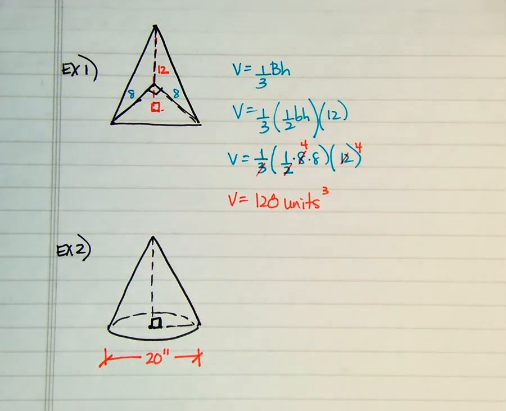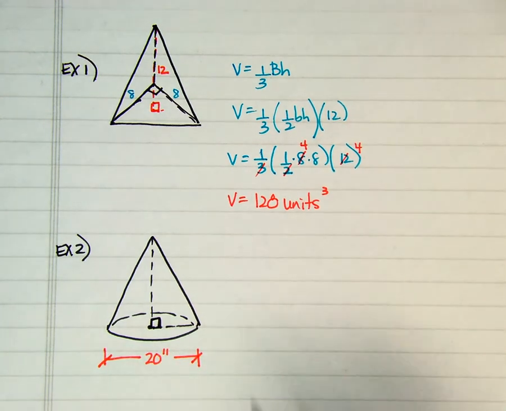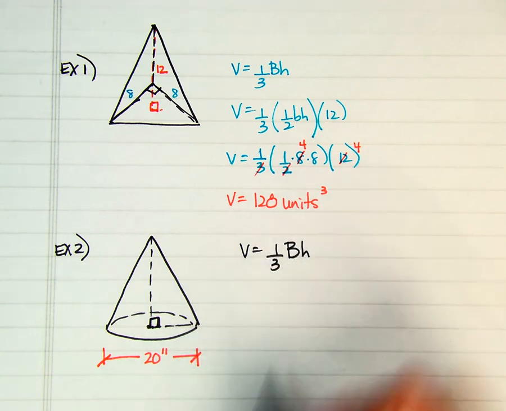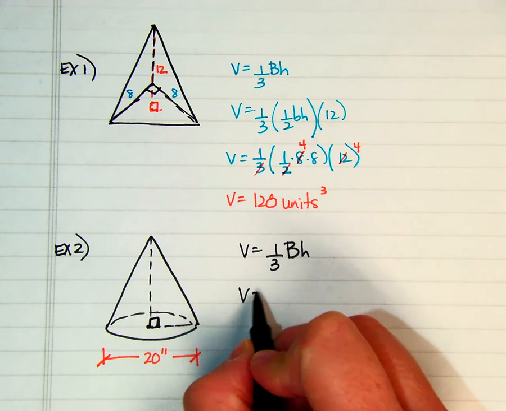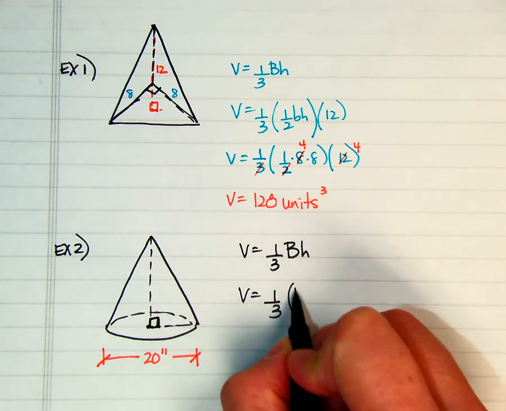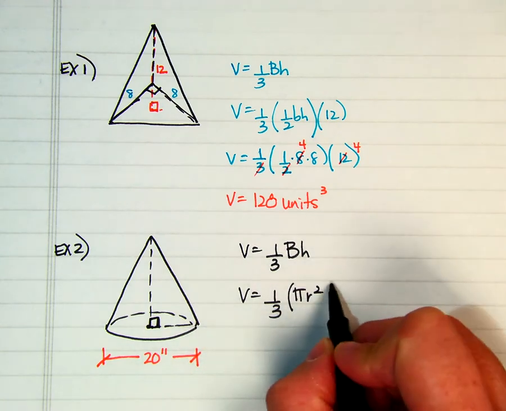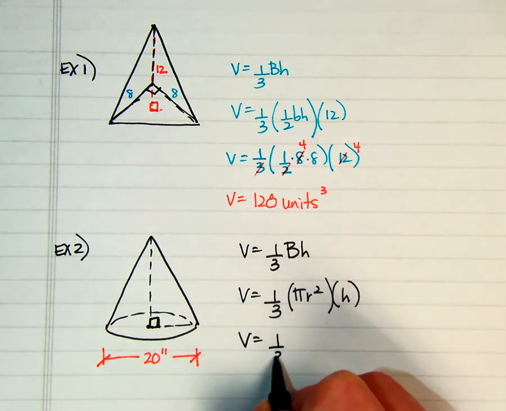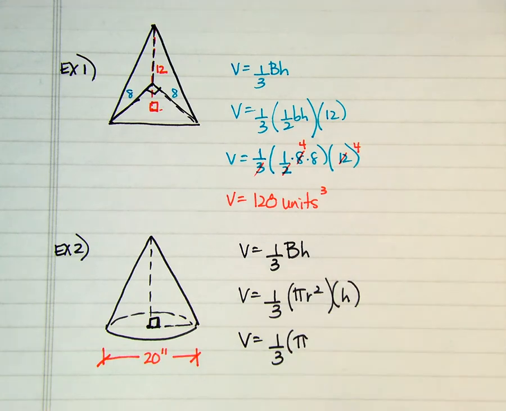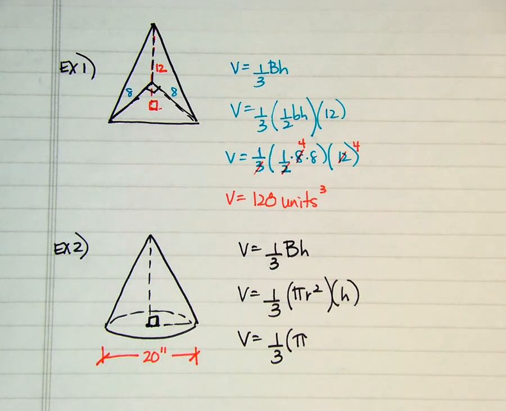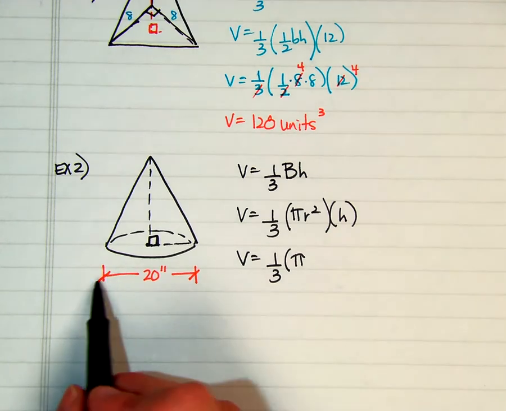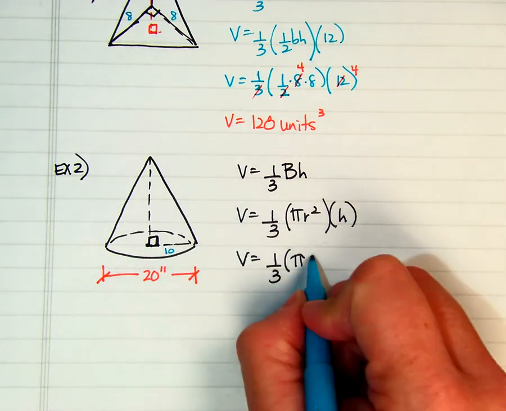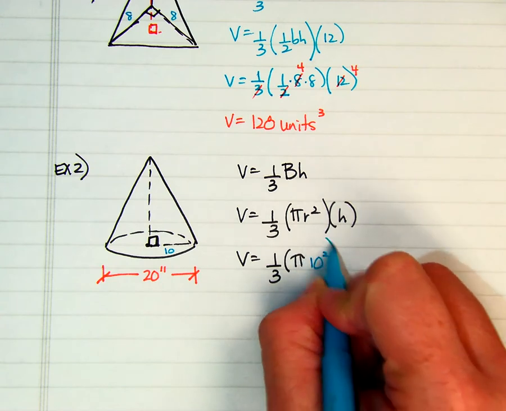Okay, so the diameter is 20. Volume equals 1/3 area of the base times the height. And the base shape in this case is a circle, so it's pi r squared h. So 1/3, pi doesn't change. Radius is what? The diameter is 20, then the radius is going to be 10. We're going to square that.